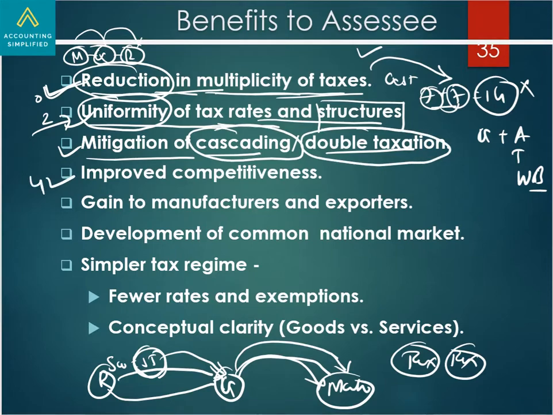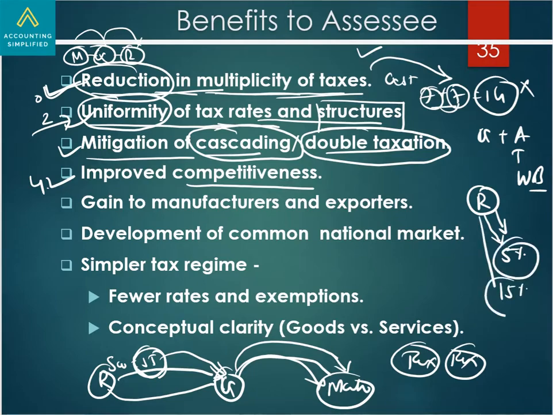The fourth point is very important: improved competitiveness. It means that when you cross the state border, your competitiveness has increased. Earlier, for example, the Rajasthan government may have had a sales tax law where if a person from Rajasthan is doing business the tax rate is 5%, and for a person from Gujarat the tax rate is 15%.